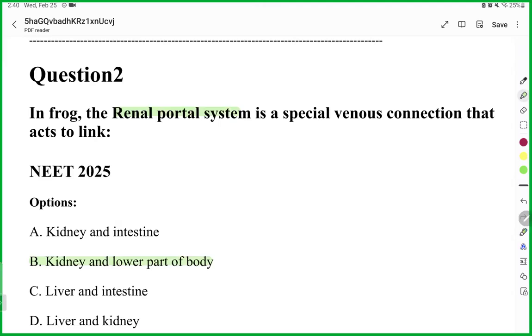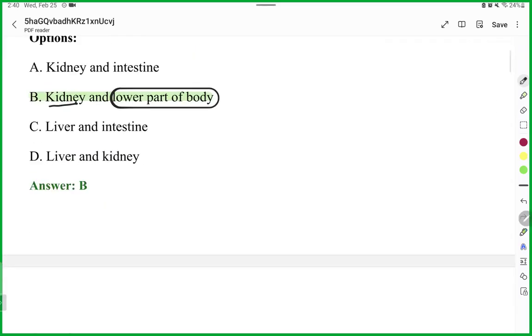Second, because renal is given, the kidney will definitely be there. So one thing is the kidney, and second is the other lower part of the body. This is given in the frog topic, not in this chapter. In the frog topic, we discussed the same thing. You have hepatic portal system between the digestive system and liver, and renal portal system between the lower part of the body and kidney.